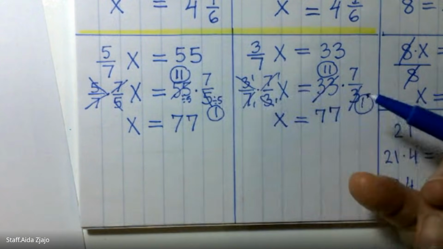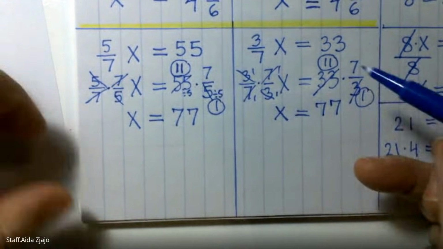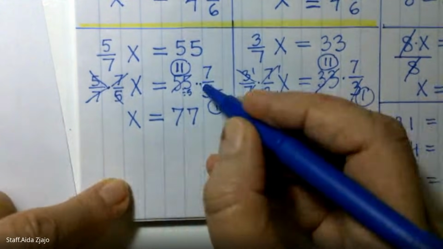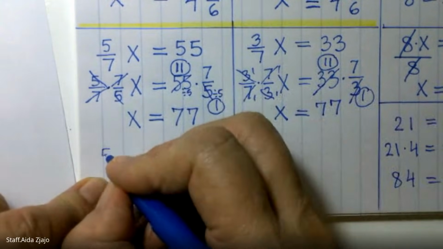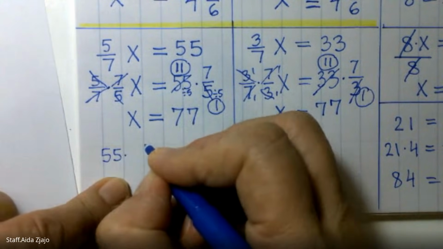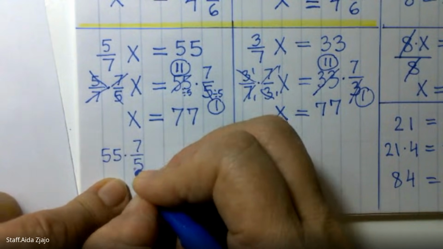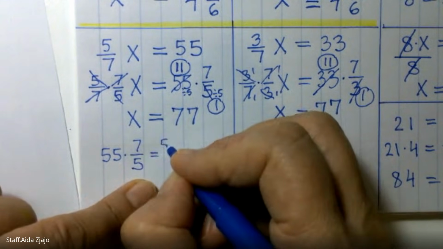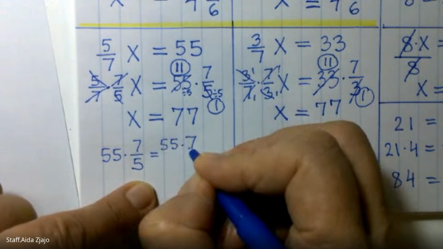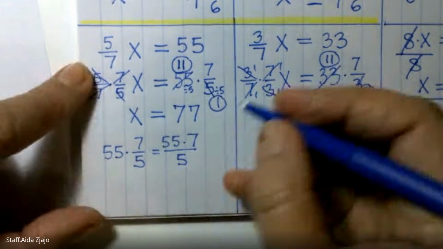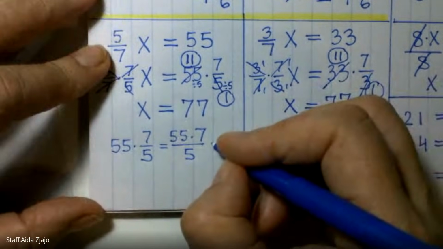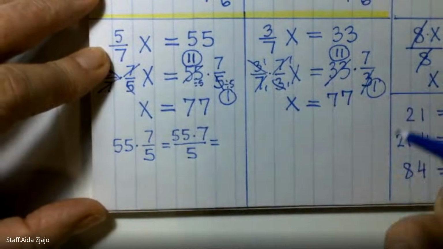If you don't understand simplifying, this can also be solved. If you have to do 55 times 7/5, that is also 55 times 7 divided by 5. This is more work, but it's going to give you the same answer.